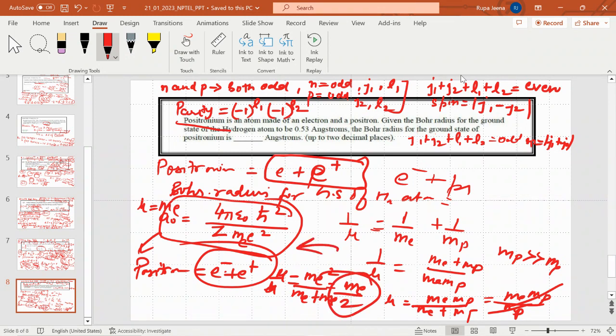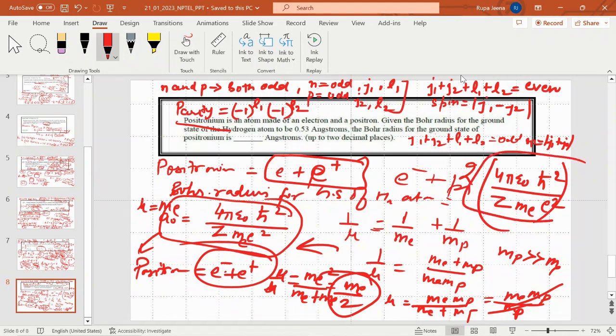So when you put the value of mu here, it will become 4 pi epsilon naught h cross square upon z me by 2. The 2 will go above, and this is the ground state for hydrogen atom, which is given to you, 0.53. 2 into that will give you the value. Clear?